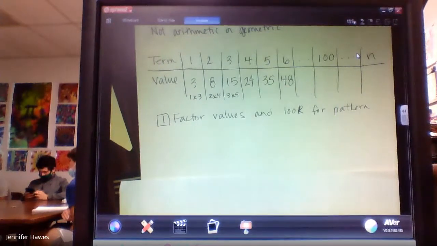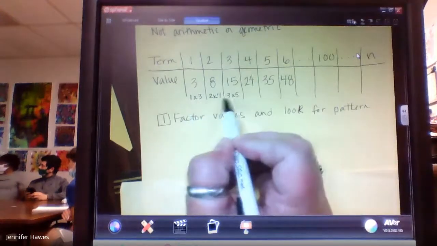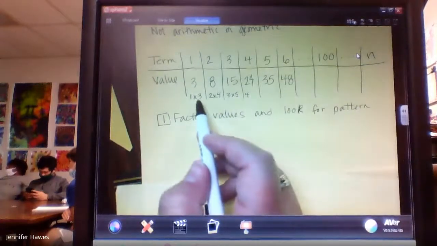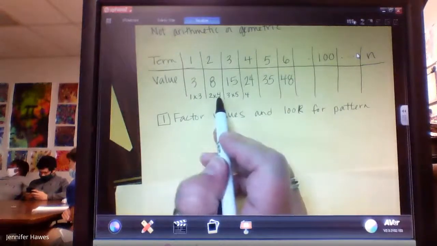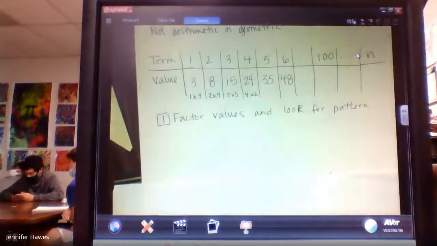Why are you going to do 4 times 6 and not 3 times 8? Because you're sticking with the pattern here. Because if you notice my numbers here, there's a 1, there's a 2, there's a 3. There should probably be a 4 there. And then here, I got a 3, I got a 4, I got a 5. So that should probably be a 6.